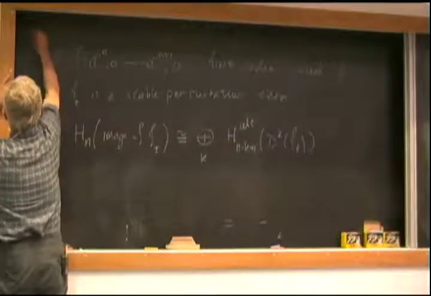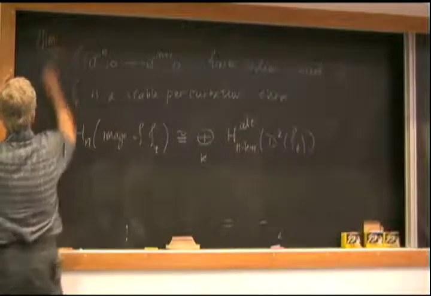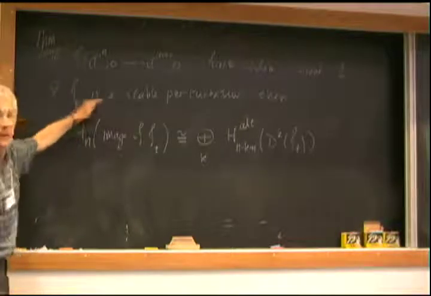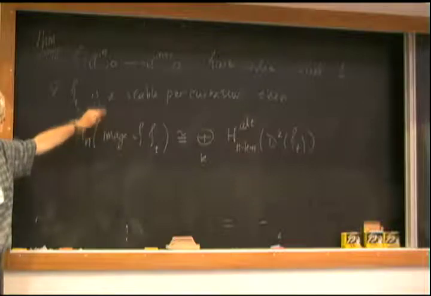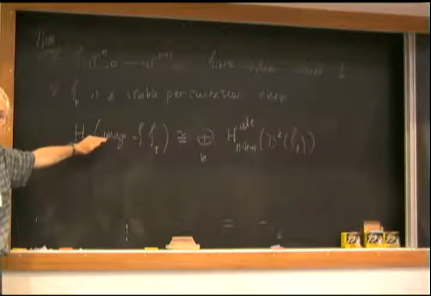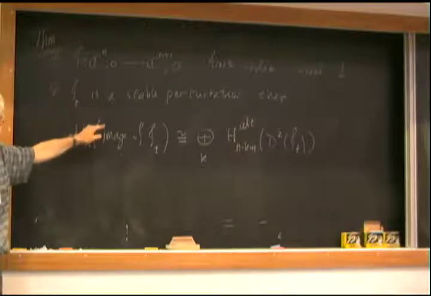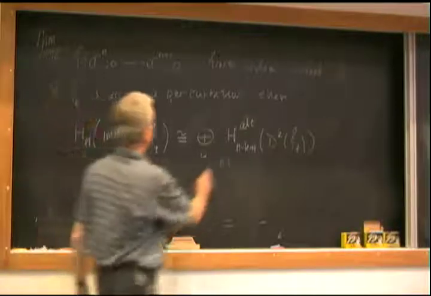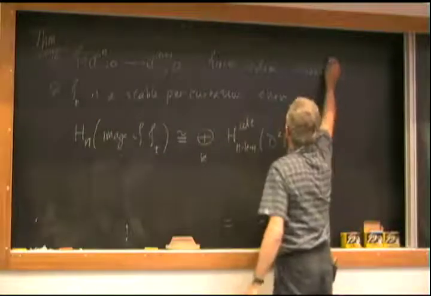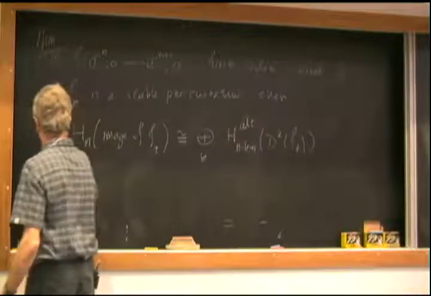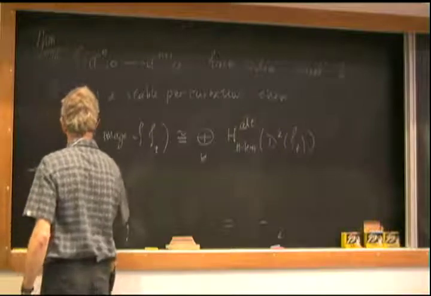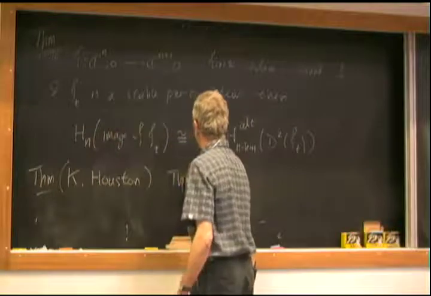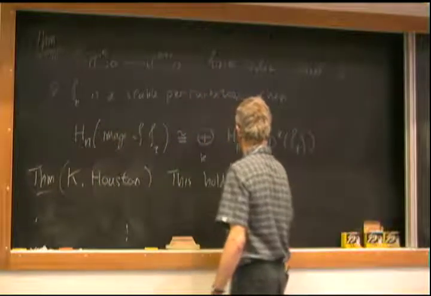Okay, so this is a theorem that was proved by Goryunov and myself. But then Kevin Houston, in his thesis, proved a much more remarkable statement: that the same is true without the hypothesis of co-rank 1.